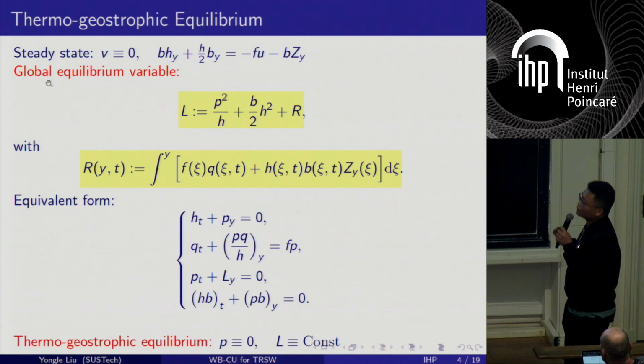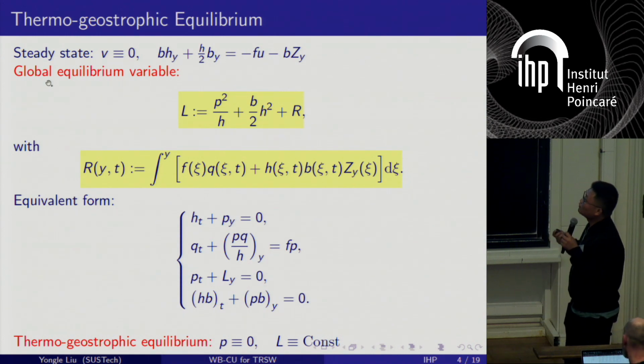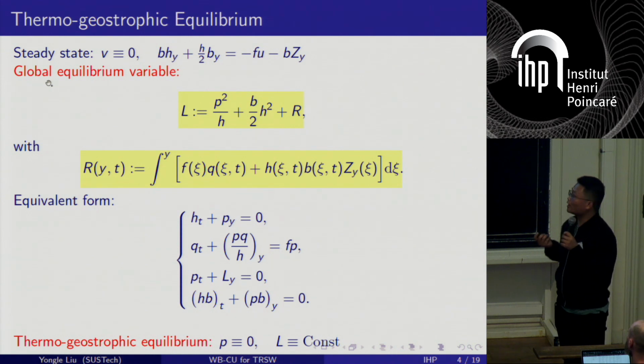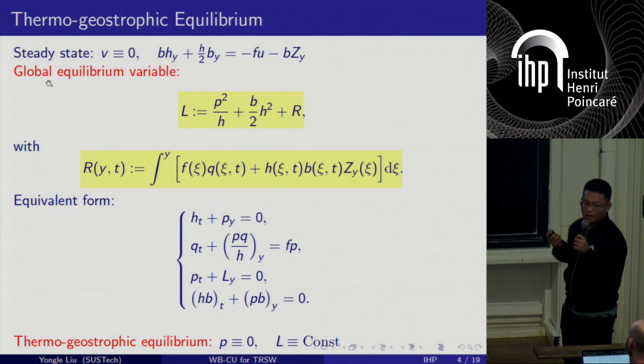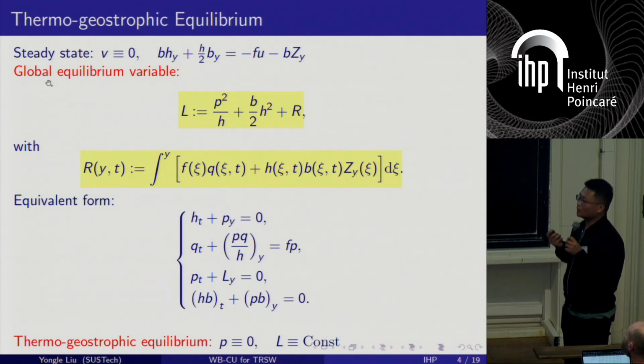With this global equilibrium variable L, we can rewrite the system into the following form. Our steady-state solutions then become P equal to 0 and L a constant. We want to develop numerical schemes which can preserve this steady state, which has a more professional name: thermogeostrophic equilibrium.